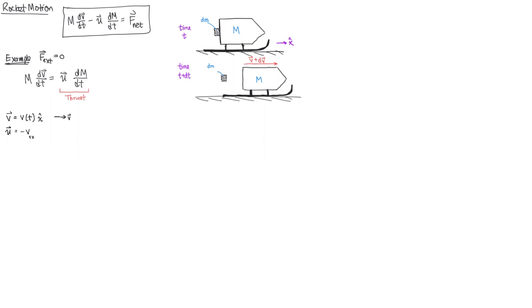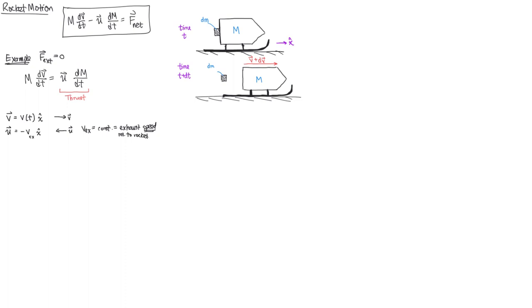So we'll give that a minus v exhaust in the x direction. So that tells us u is pointing to the left, and v exhaust is constant. It's the exhaust speed. Speed meaning it's a magnitude, it's a positive quantity, and this is relative to the rocket.